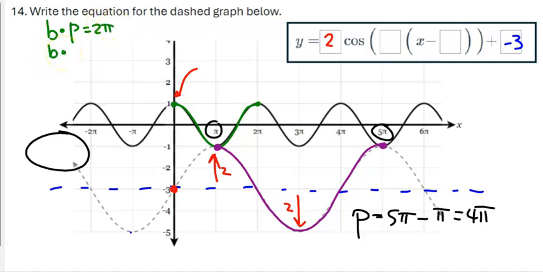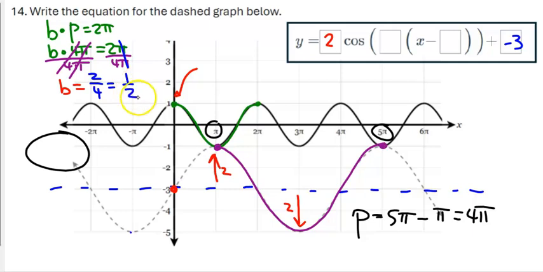I'm going to replace p with 4 pi. To solve this, we divide both sides by 4 pi, which gets rid of the 4 and the pi on the left side, leaving b. On the right side, the pi's go away, so what I'm left with is 2/4, which simplifies to 1/2. So the b value is 1/2.